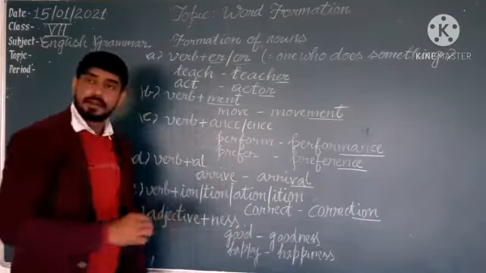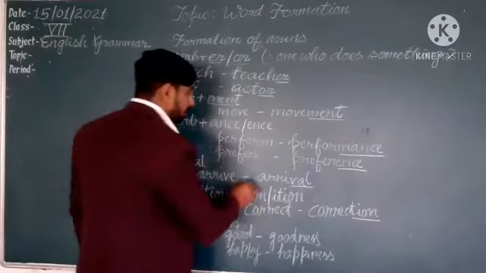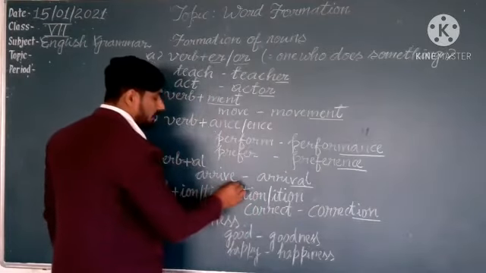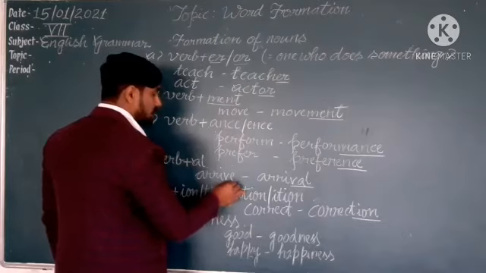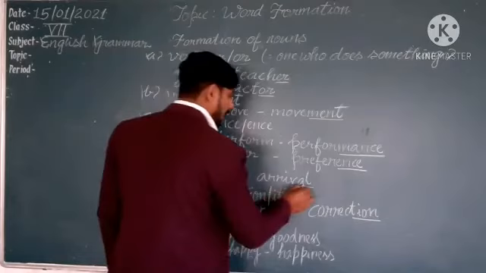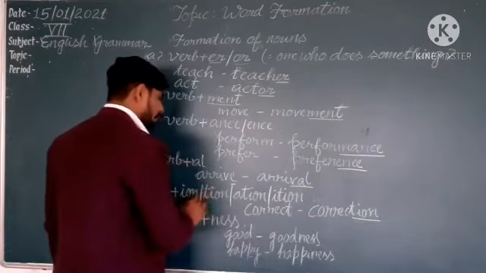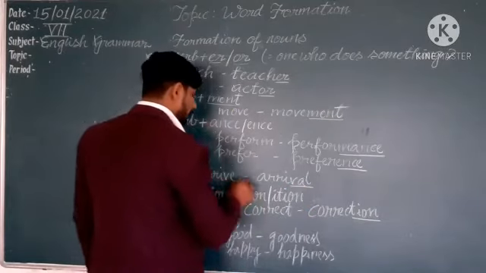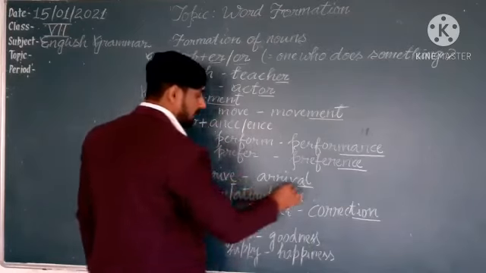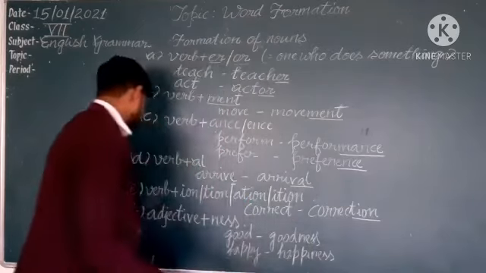Arrive, the last letter you are getting here is e. So afterward you will add al here. Arrival means arrive, we are replacing the letter e, and afterward we are adding al, arrival.